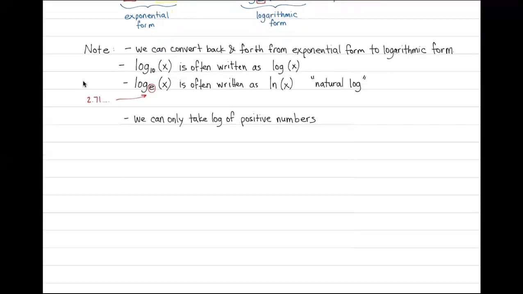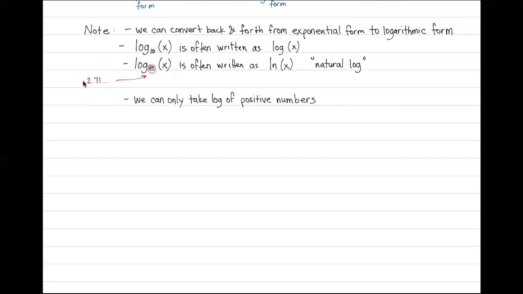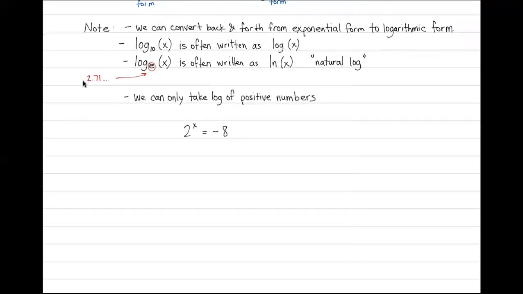Remember, let's go back to 2 to the power of what gives me that number. So if this was a negative number, let's make it -8. If I gave you log base 2 of -8, there's no number that I could pick here for x that would end up giving me a negative value.